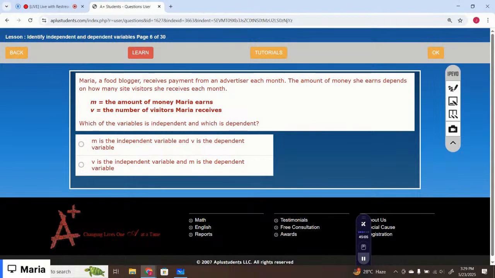Maria Foodwater receives payment from an advertiser each month. The amount of money she earns depends on how many site visitors she receives each month. Which of the variables is independent and which is dependent?